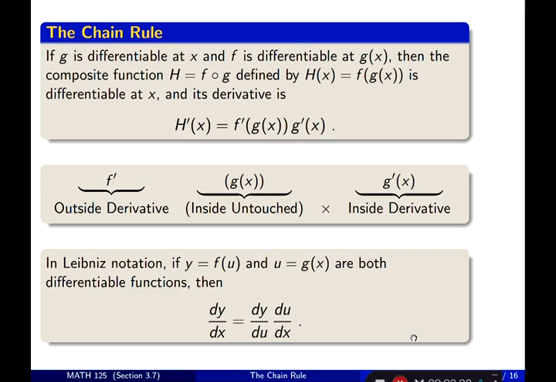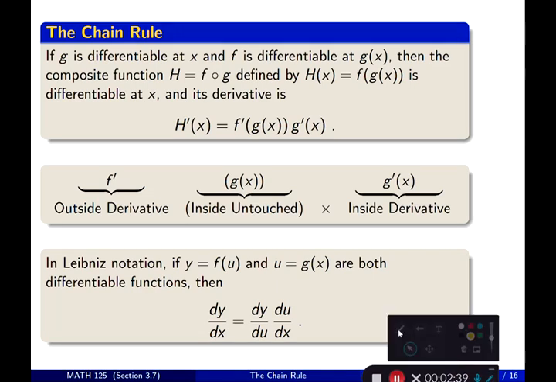Another way of writing it, and this is very important in understanding a lot of material that comes later, is the Leibniz notation. You saw that in the previous, in Albert's example also. So if y is equal to f of u, and u is g of x, then derivative of y with respect to x is equal to derivative of y with respect to u times derivative of u with respect to x.